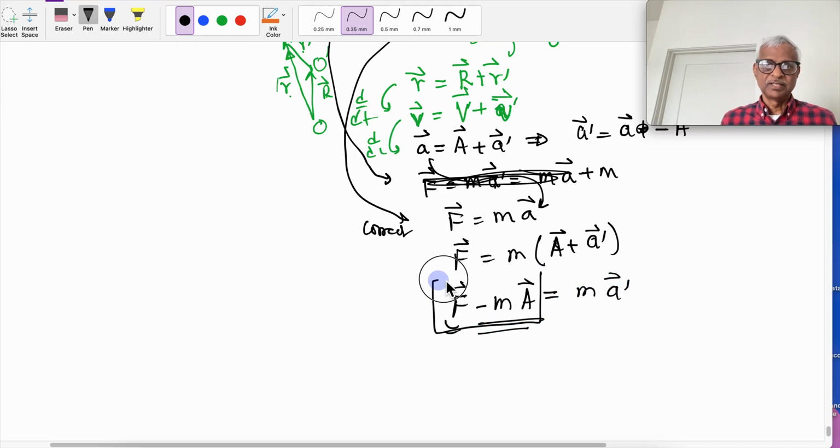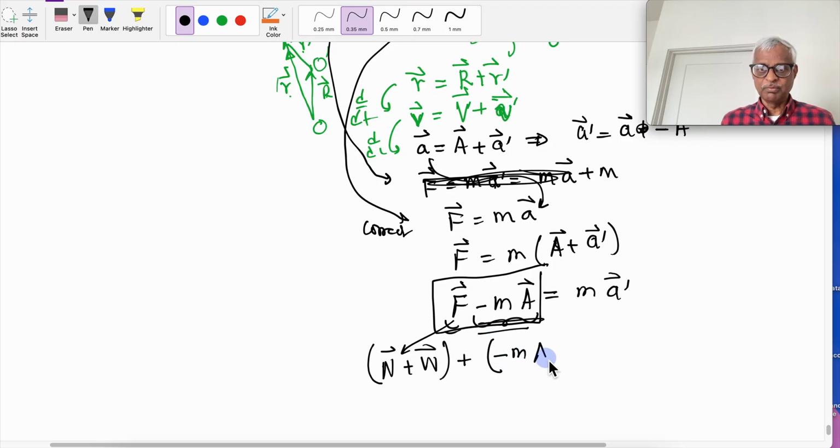So you can look at this here. F was normal plus weight. These are the two forces here. So the original force, and then we have to add a negative of ma of the frame itself to get mass times acceleration in this frame.